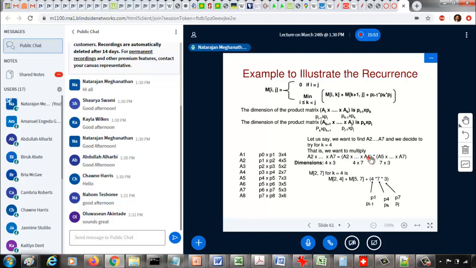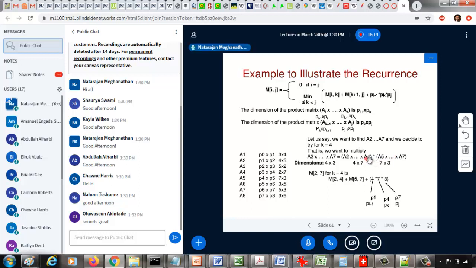In this case, I pick my K as 4. So I'll do A2, A3, A4, that is one subchain, and A5, which is K plus 1, and then A6, A7. I multiply these and get one product matrix, multiply these and get one product matrix, and then multiply these two. So here my K is 4.